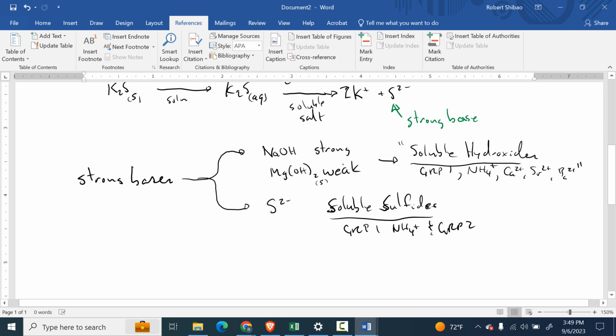So magnesium sulfide would be considered a strong base. How about iron 3 sulfide? Would iron 3 sulfide be considered a strong base? No, that would be considered a weak base. Is that it? What else? Have you looked at your acid-base chart? Tell me some other strong bases.